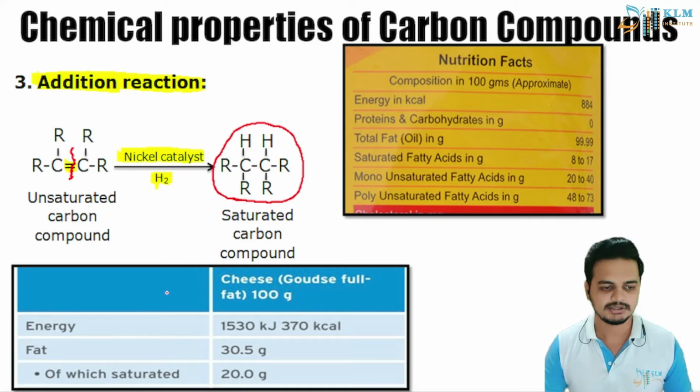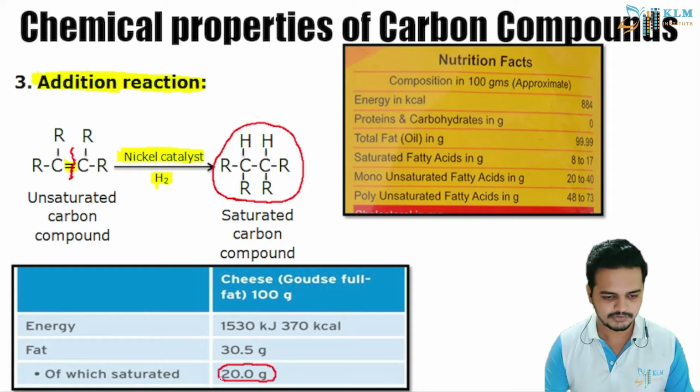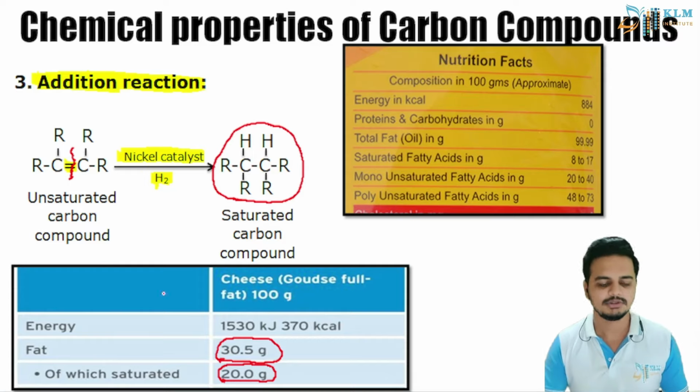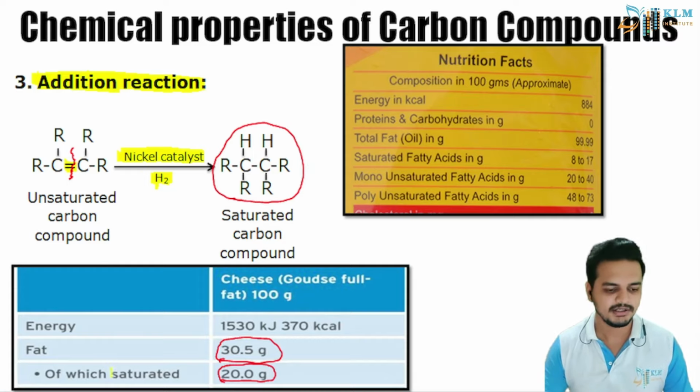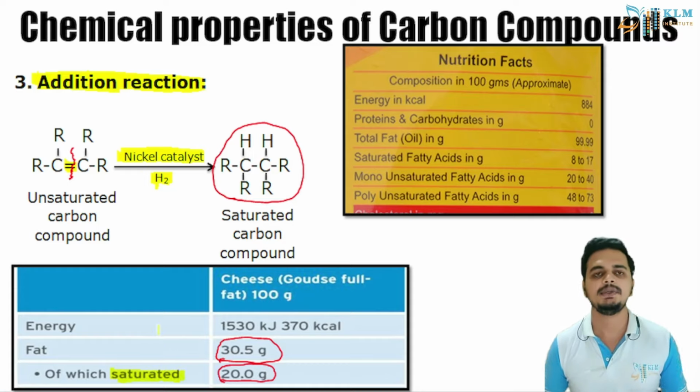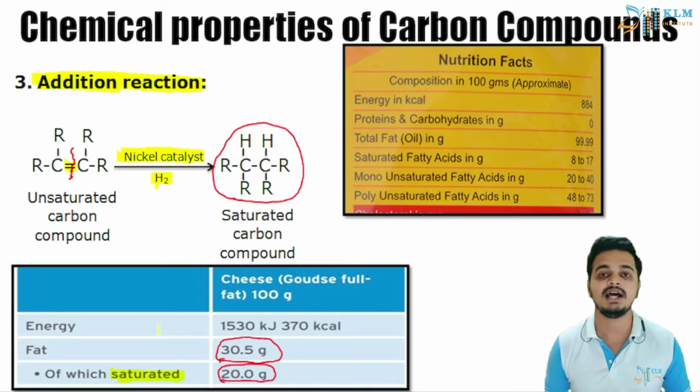Why are we doing this? Where is it used? It is used in the saturation of our fatty acids, in our oils, or in cheese. You can see here, cheese is 20 grams out of 30 grams saturated fat. Studies have shown that saturated fat is not that good for your health. So try to eat oil or fat which is unsaturated.